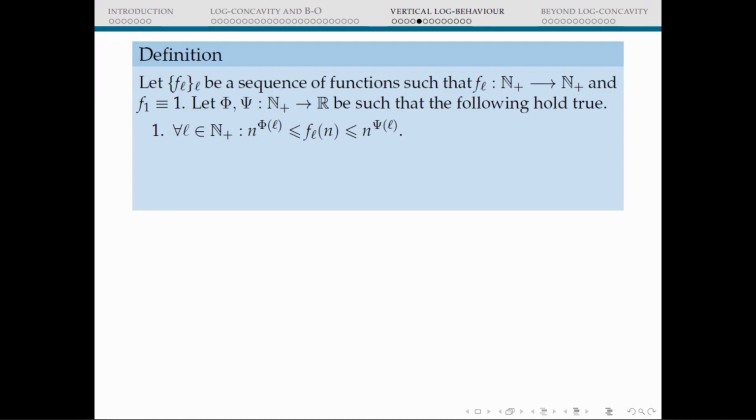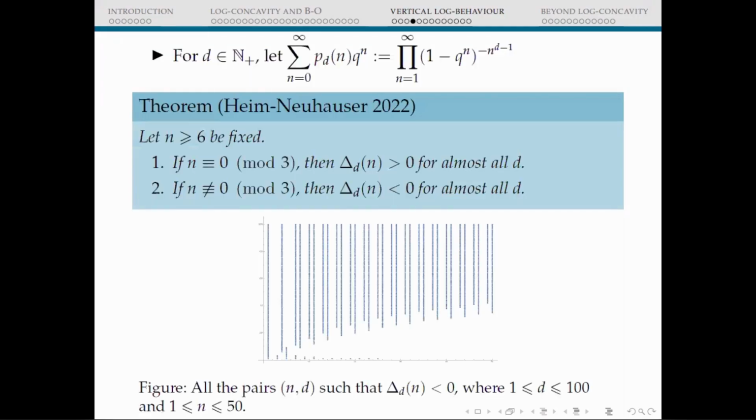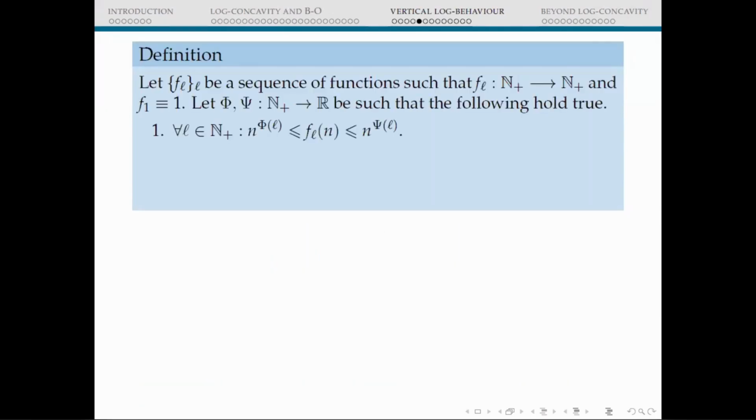And the difference between psi of L and phi of L is not very large, at most some constant. And we also have the additional requirement that both of these functions, psi and phi, go to infinity as L grows. So actually we just want to generalize the previous theorem for many more generalizations of the partition functions.